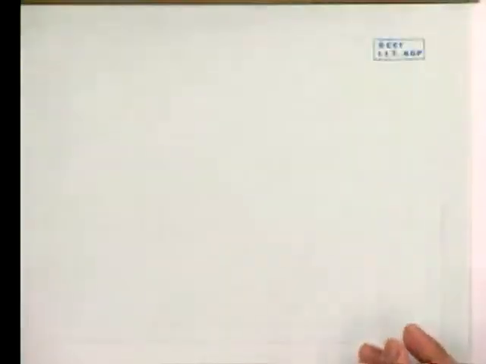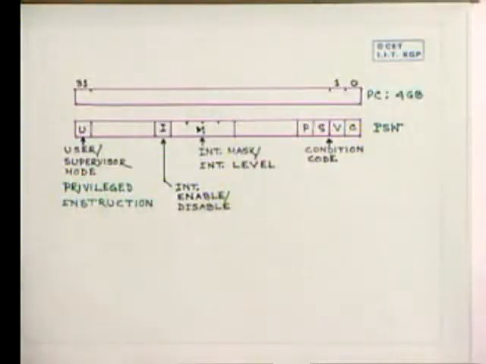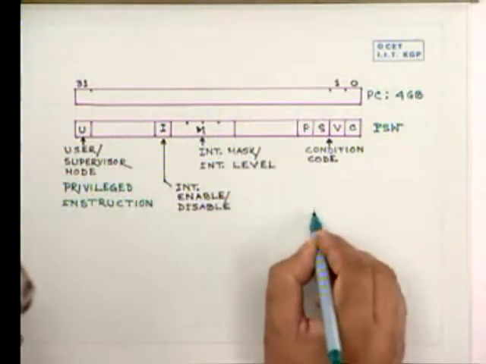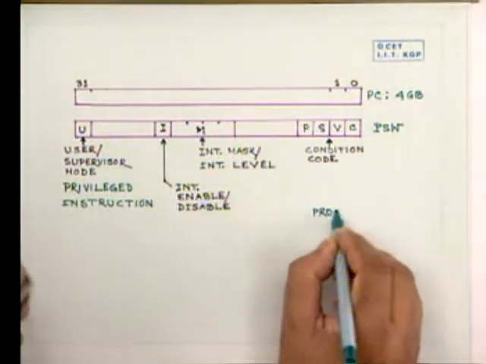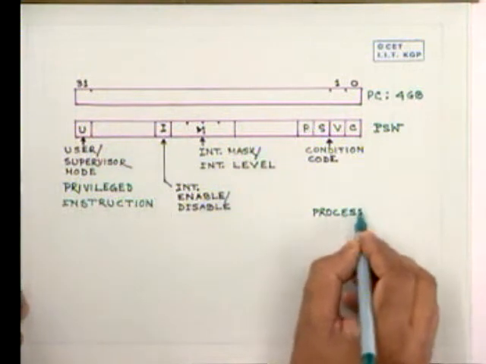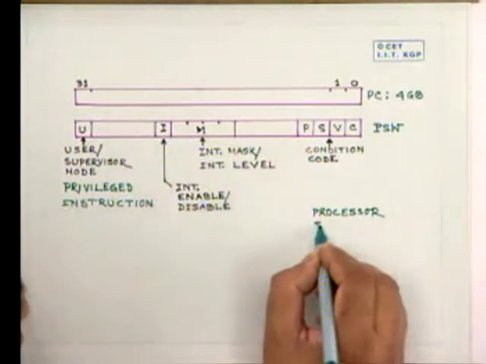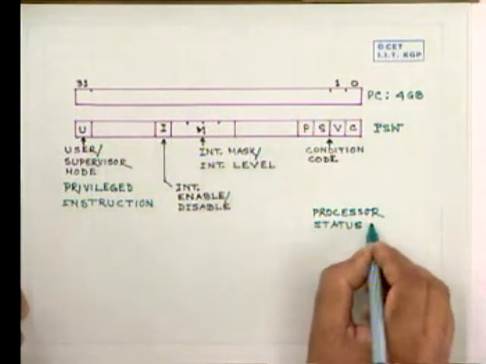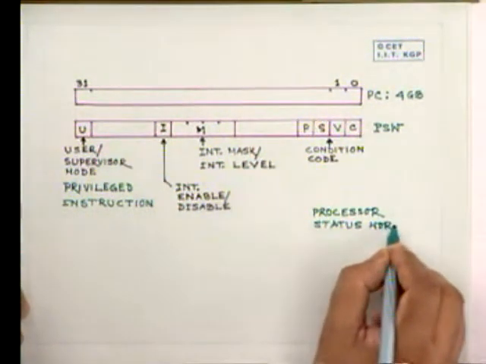Now, before we proceed further, let us see what we mean by a processor status word, PSW. Let me write the full word for it. PSW is essentially processor status word.